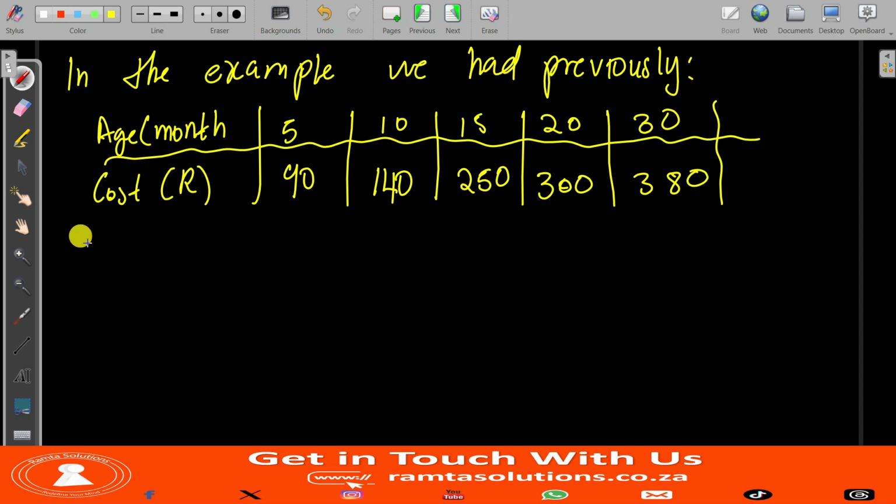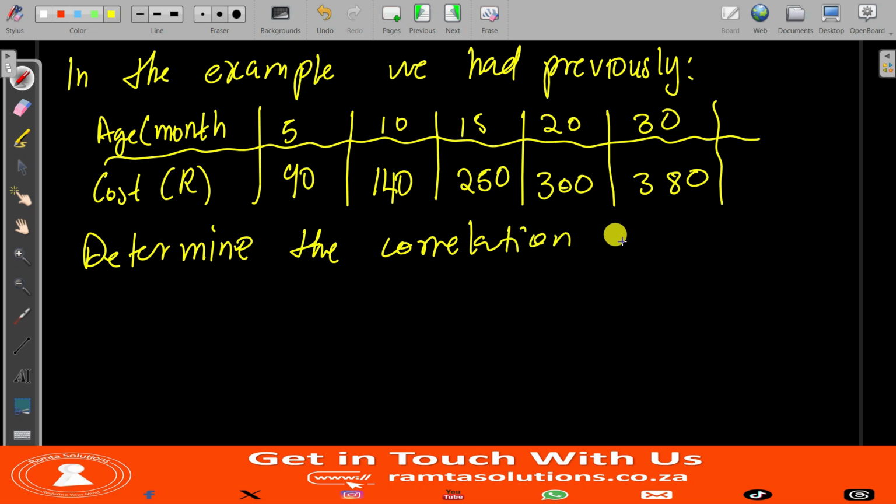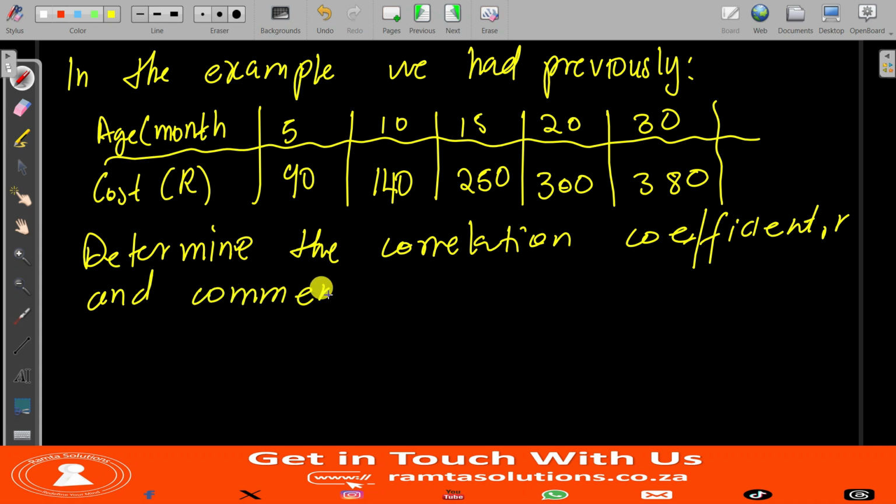So now here, determine the correlation coefficient R and comment on the relationship.